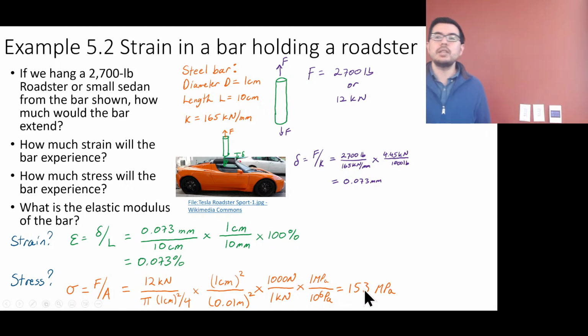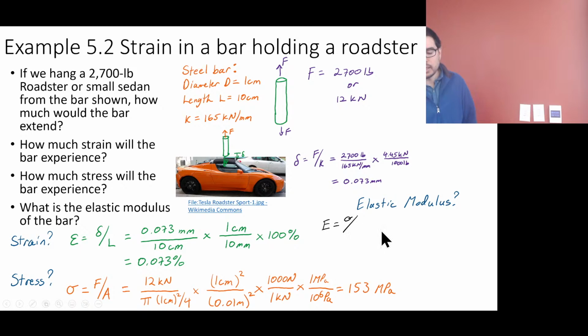Elastic moduli are often in gigapascals, but we have these really small strains. This is a representative value for some steels; it's not unreasonable to find a steel that has a yield strength greater than 150 megapascals. So the stresses are often in megapascals, and elastic moduli are often in gigapascals.